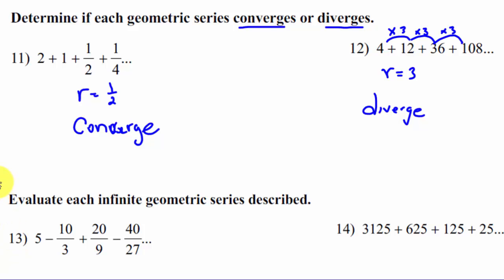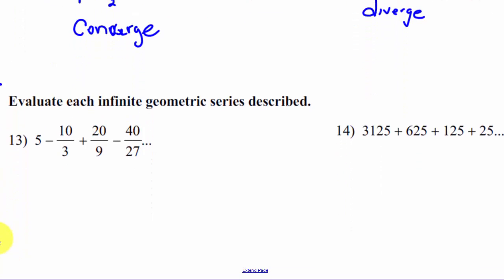Now let's look at two examples where we want to actually compute the sum. So first we have to compute the common ratio. In each of these fractions, the tops are doubling, and the bottoms are being multiplied by 3.